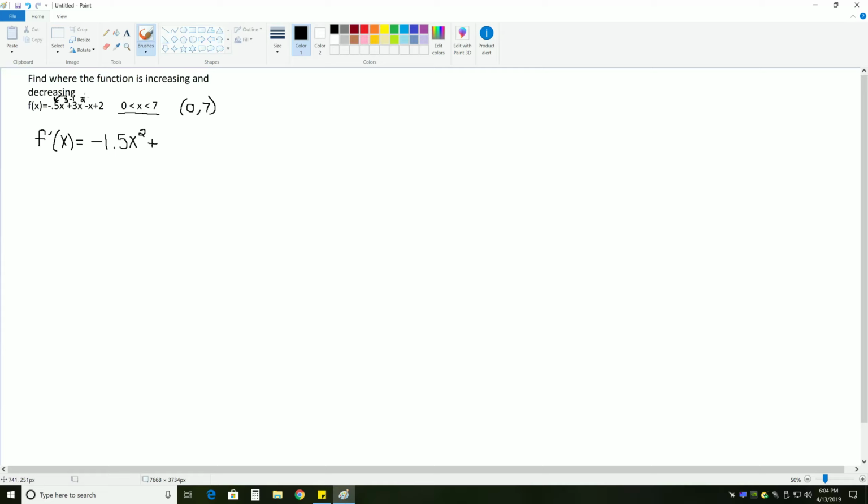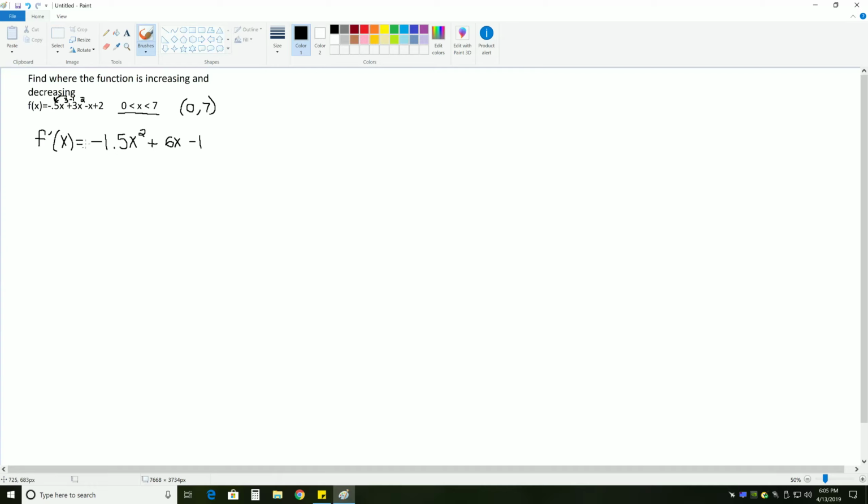Plus, and now we're going to multiply this 2 out front and subtract 1 from it, just like we did before, which gives us 6x. And then finally, do the same thing for this negative x, which gives us minus 1. The derivative of plus 2 is just going to be 0. The derivative of any constant is always just 0.